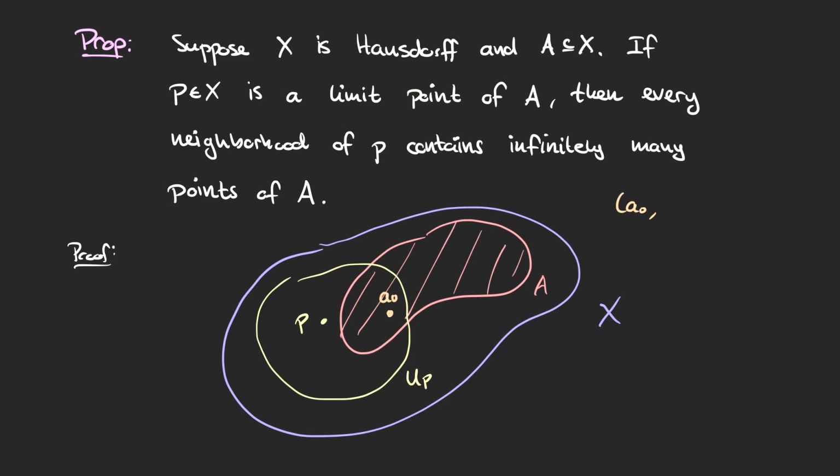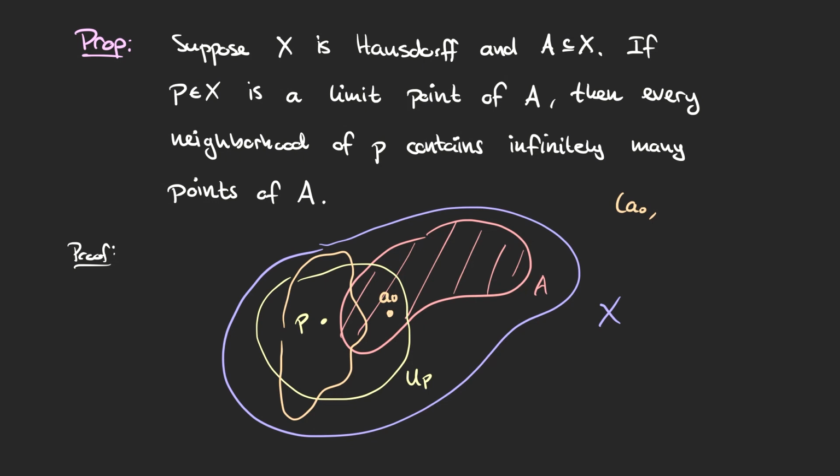Now, because these two points are distinct, we are able to apply the Hausdorff property and obtain some open neighborhood around P and an open neighborhood around A0 that don't intersect one another. So I'm going to draw this open neighborhood around P like this. And there's also going to be some open neighborhood around A0 that is disjoint from the open neighborhood around P. But in particular, this means that the open neighborhood around P does not contain A0.